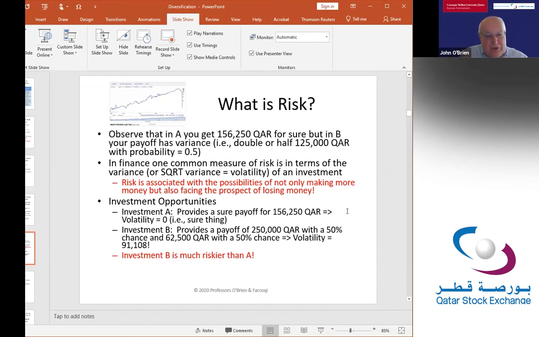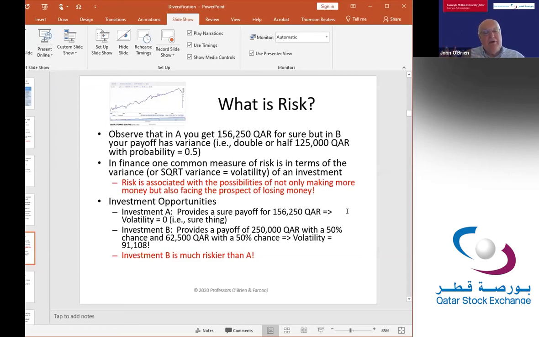So you get that for sure, there's no risk attached to it. Investment B, you get a payout of 250,000 riyals with a 50% chance, and 62,500 riyals with a 50% chance. So investment B hasn't changed.